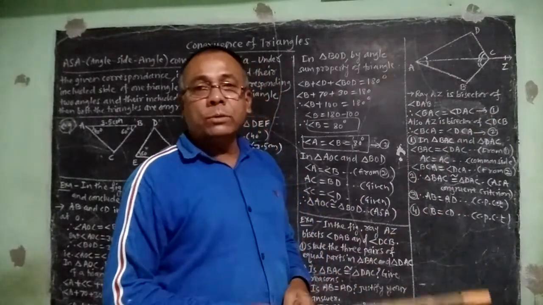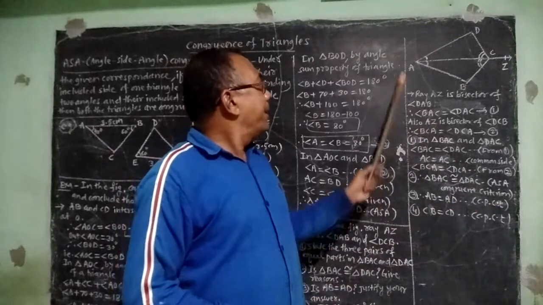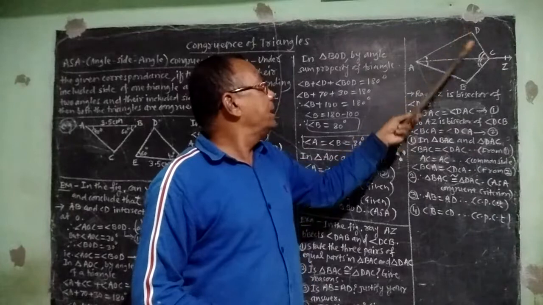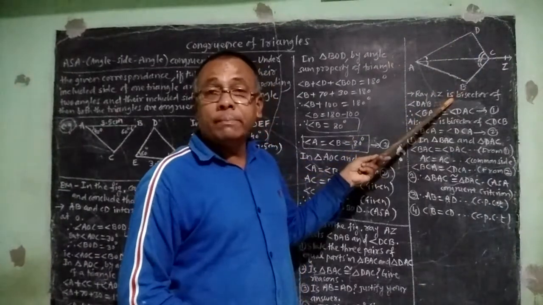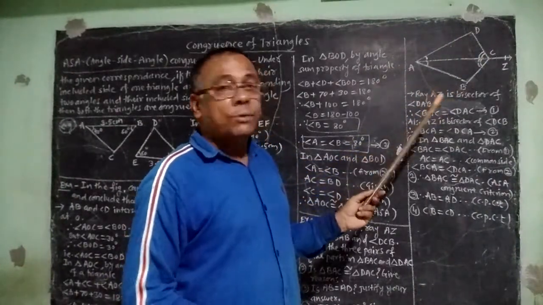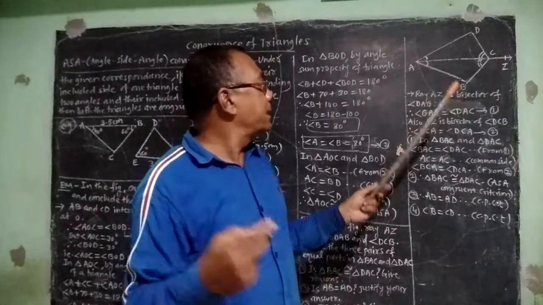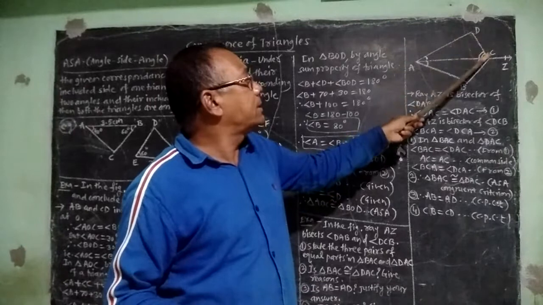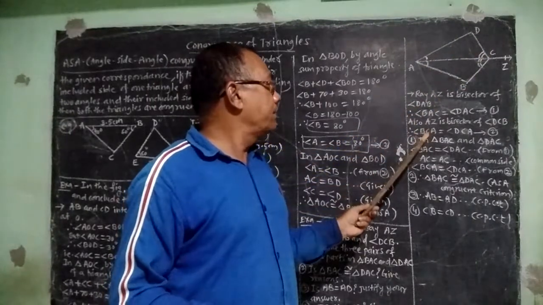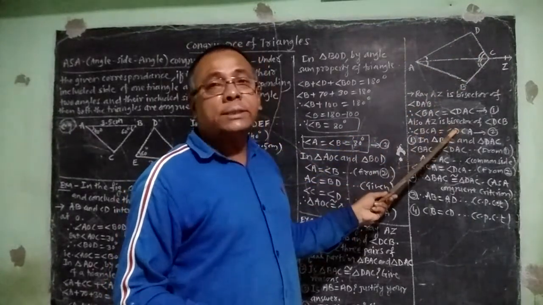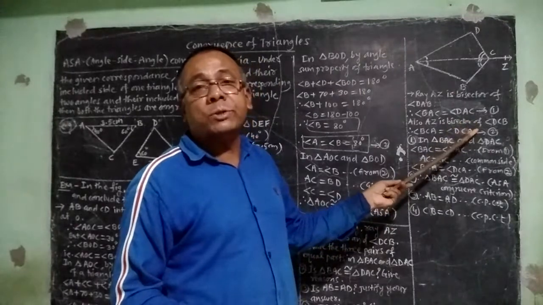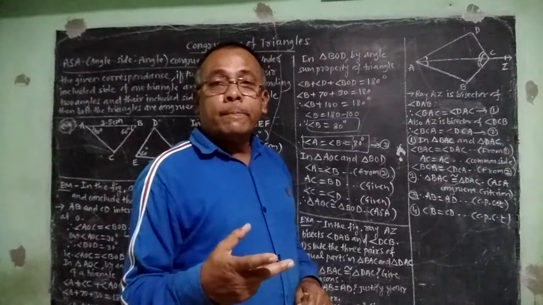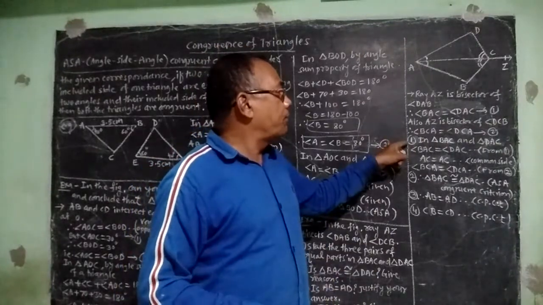Also, write down, AZ is the bisector of angle DCB, and therefore we will get two equal angles, that is angle BCA equal to angle DCA. Write it as equation number 2. And now we will start our first question.